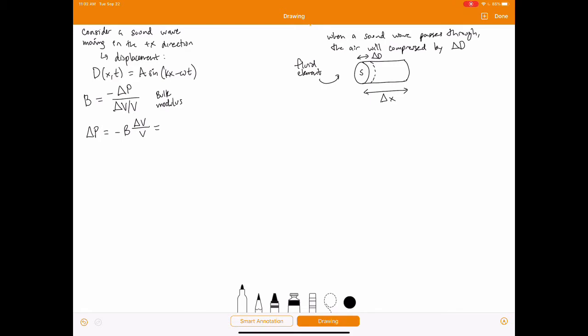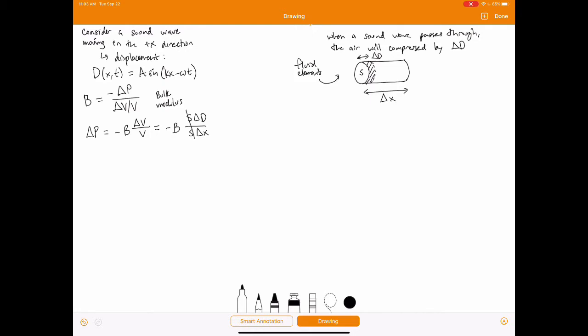Going back to the expression for delta P, we have minus B. Now delta V is the change in volume that results from the sound wave passing by. That would just be the shaded region, which is S times delta D. And V would be the original volume, which would be S times delta x.